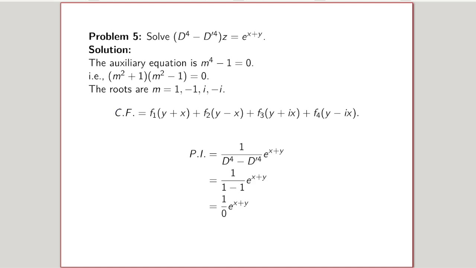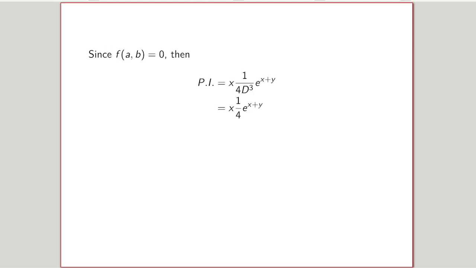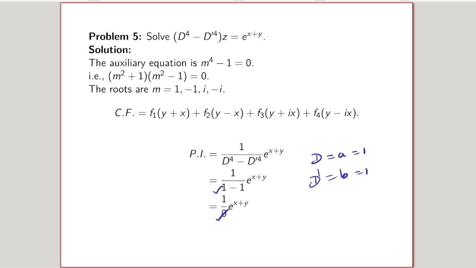Now to find the particular integral, we can keep the term as it is, and d will be replaced with a, that is 1. D dash will be replaced with b, that is 1. So 1 minus 1 will give 0 in the denominator. Next we have to differentiate this term.